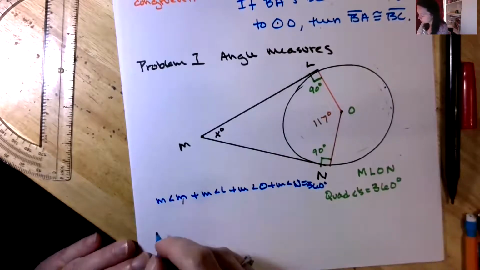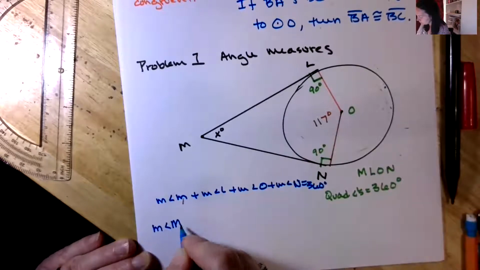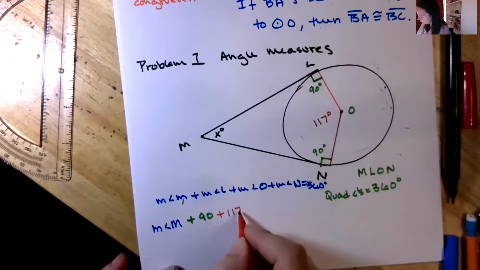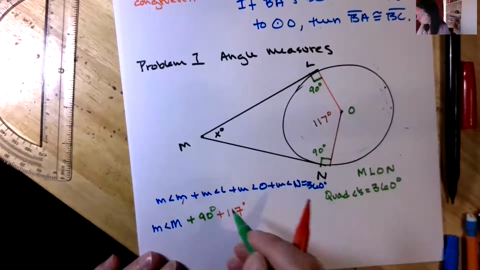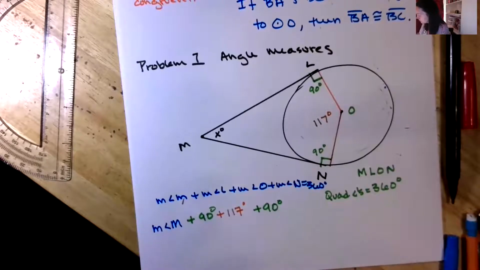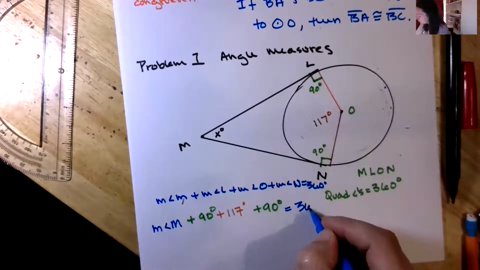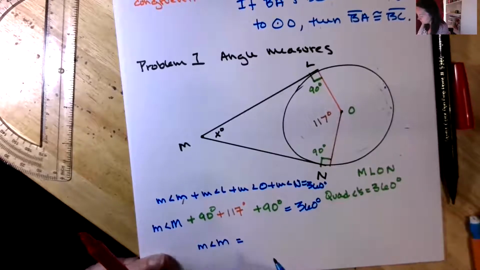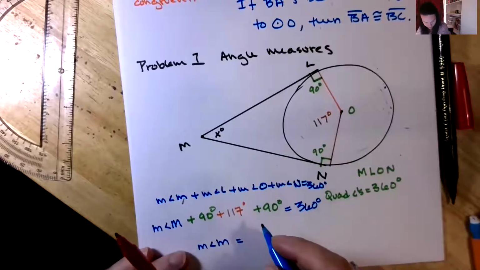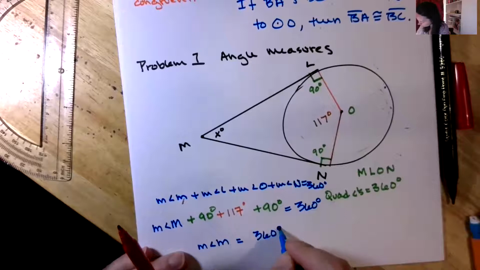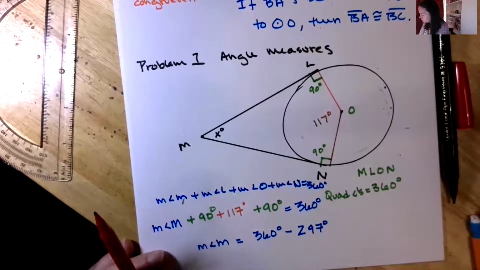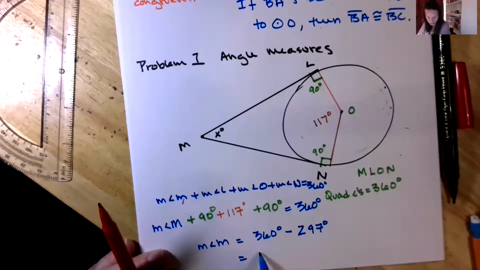Substituting in, we know the measure of angle M, which is also x, right, plus 90 degrees plus 117 degrees plus 90 degrees equals 360. So then our measure of angle M has to equal 360 minus 297, which is going to be equal to 63 degrees.